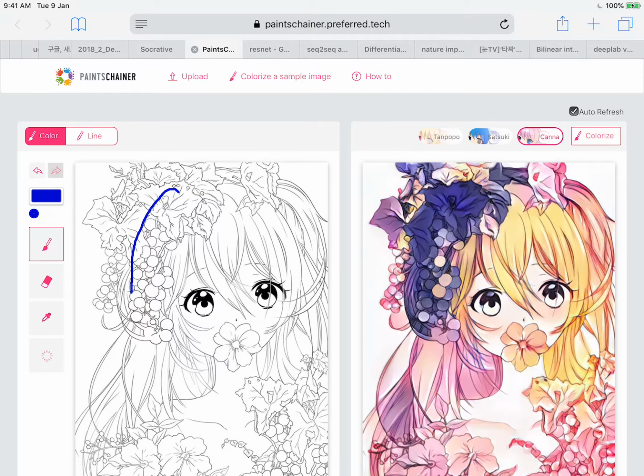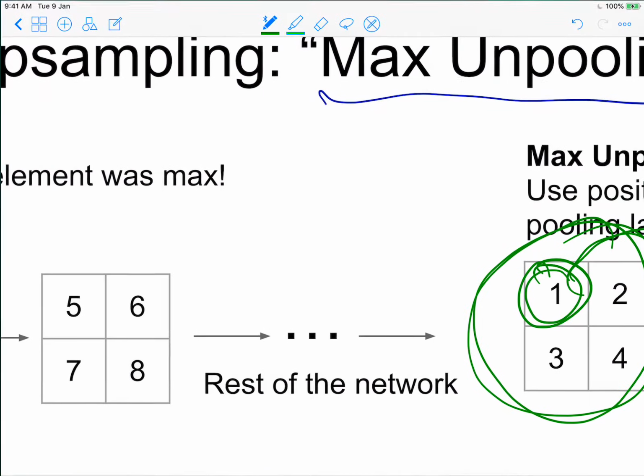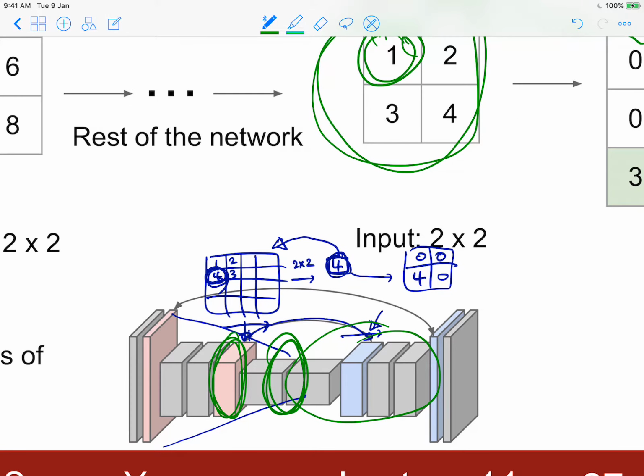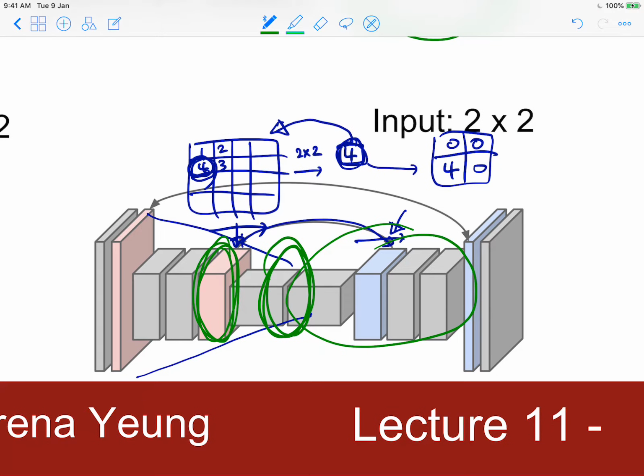Okay, so the reason why I show this is because this kind of image input, where the output still has the same spatial resolution, still uses this encoder-decoder architecture.